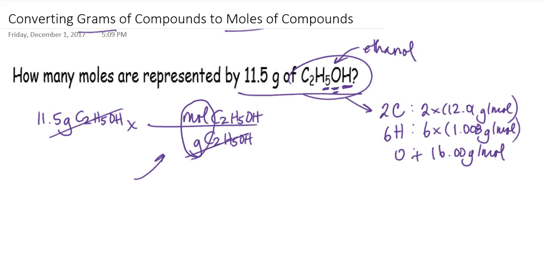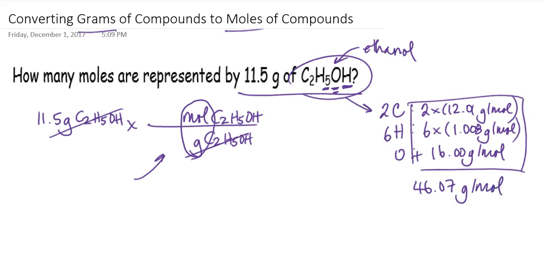And so I would add this up to get the molar mass of ethanol. If I do that math, I get 46.07 grams per mole of ethanol, rounded to 4 significant figures. I'm going to incorporate that in my dimensional analysis setup.